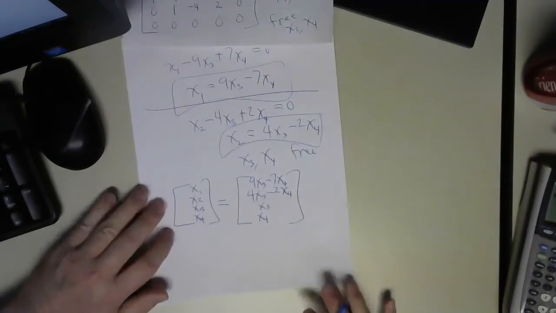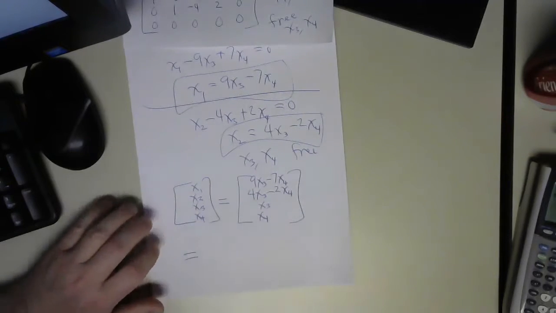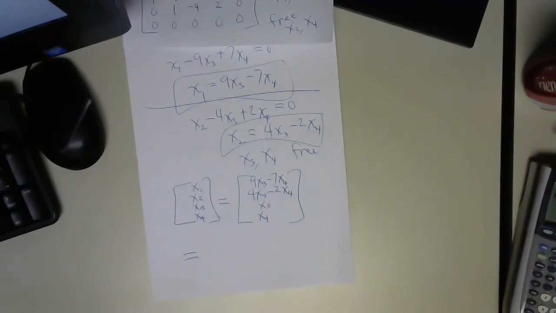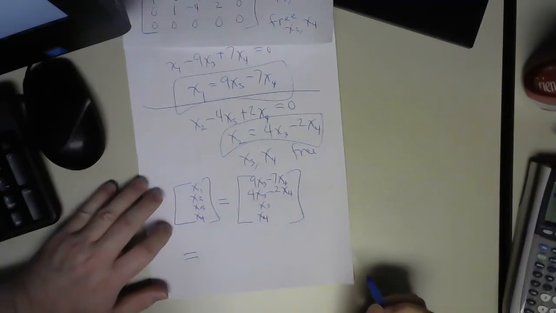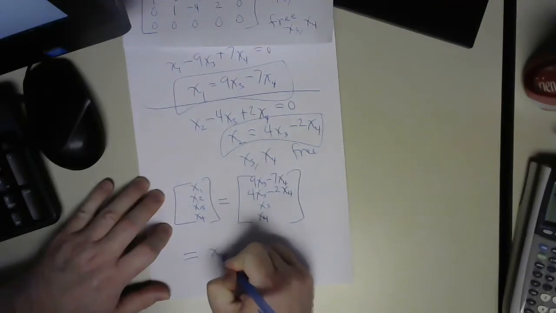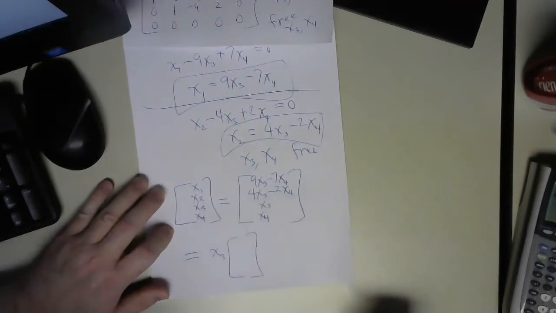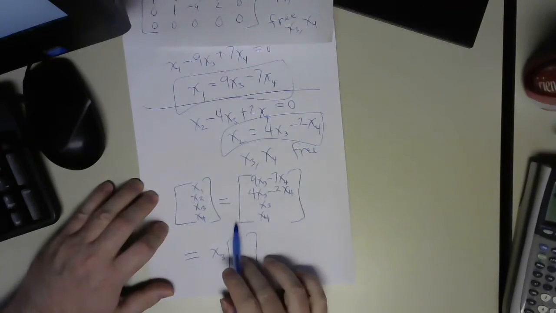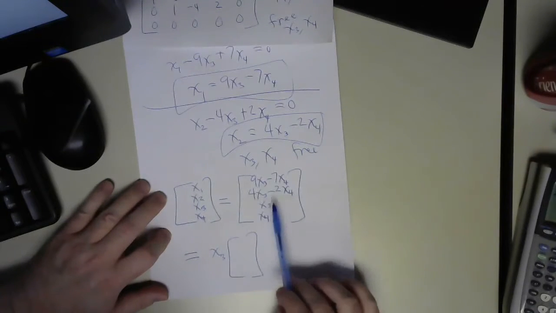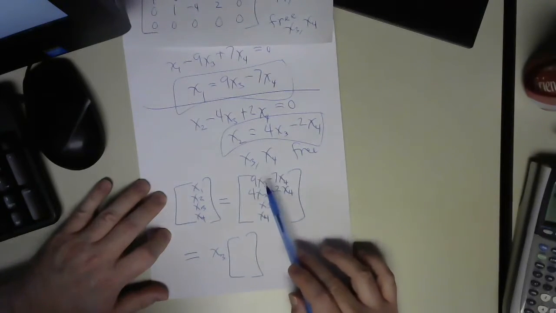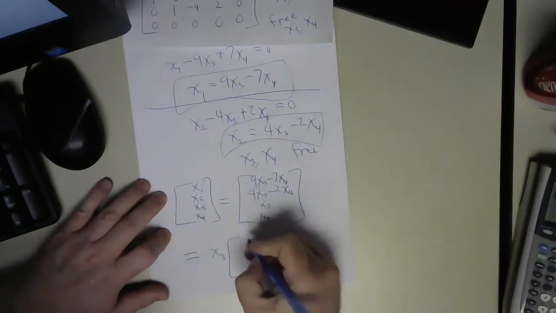Not quite done yet, because I'm going to break this up into a sum. Okay, so the first thing you want to do is factor out all the coefficients of x3 and then write down the 4 by 1 vector corresponding to x3. So notice that all the coefficients of x3 are 9, 4, 1, and 0.